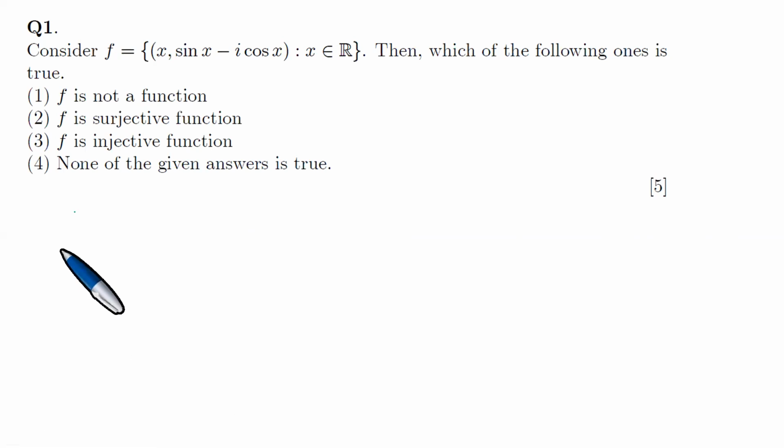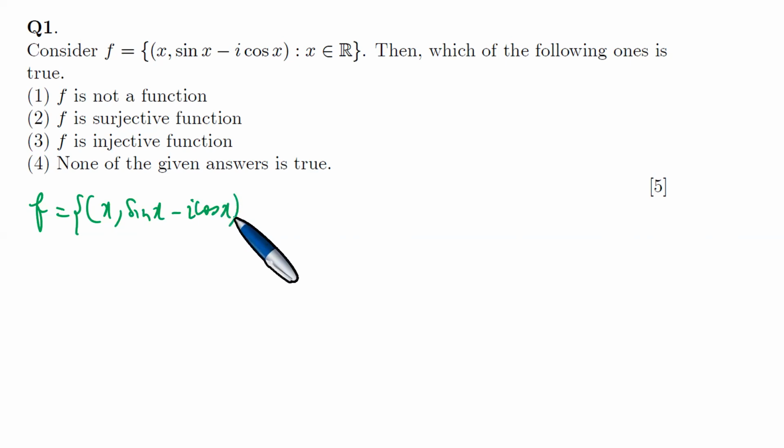First and foremost, you will write the function f as follows. I mean, it is given. It contains x in the first component, then it has sine x, then it has minus I cosine x, and it has x an element of R. Right, consider f, then which of the following ones is true?